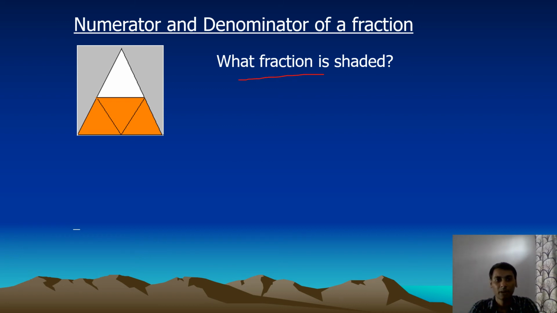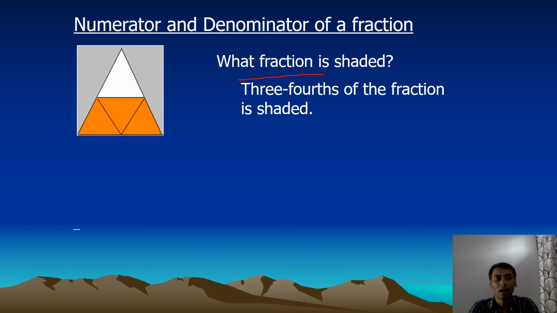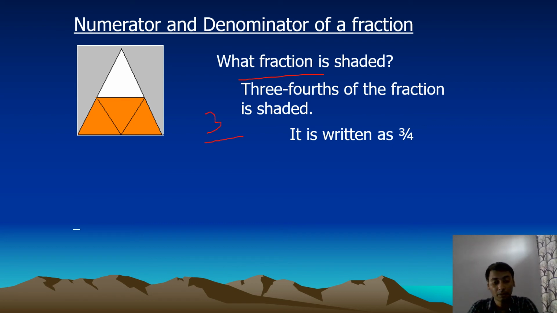This picture is divided into four equal parts, and out of four equal parts, three parts are shaded, and we have to write the fraction for the shaded part. So three parts are shaded. That means we write 3 as the numerator, and the whole is divided into four parts.